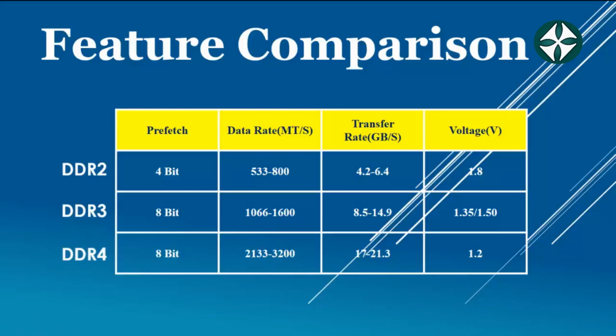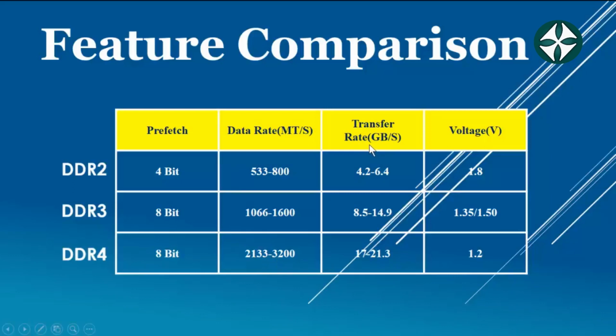DDR4 has 2133 million transfers per second to 3200 million transfers per second, which is too fast as compared to DDR2 and DDR3.